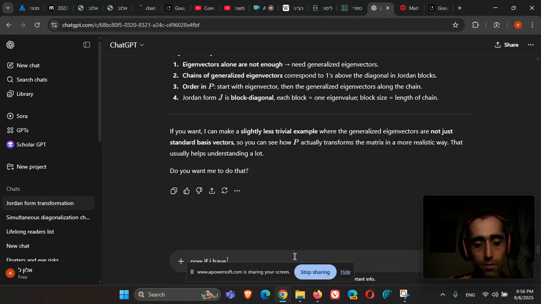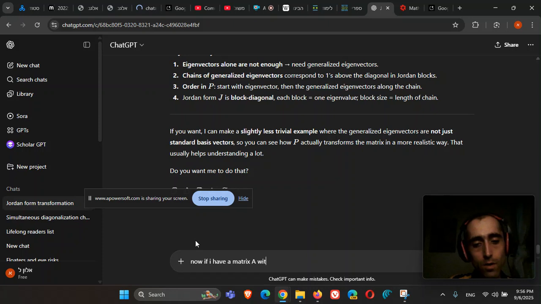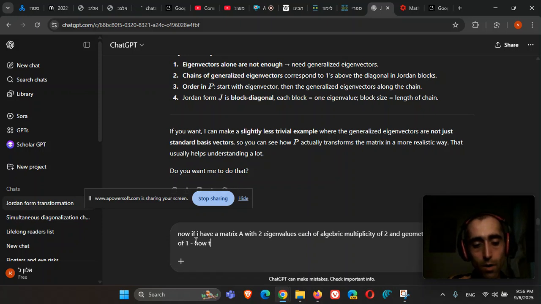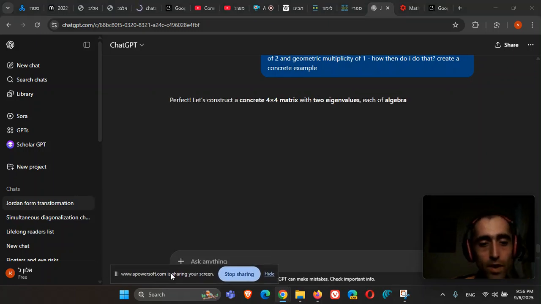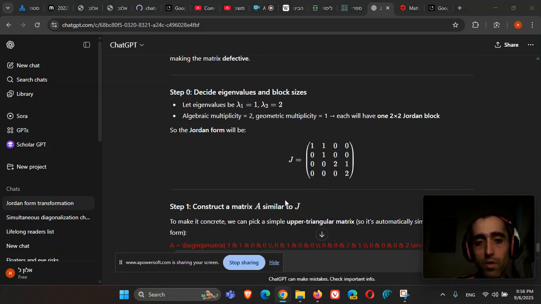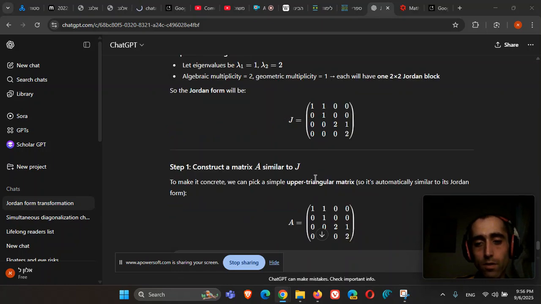Now, if I have a matrix A with two eigenvalues, each of algebraic multiplicity of 2 and geometric multiplicity of 1, how do I do that? Let's create a concrete example, where both eigenvalues have algebraic multiplicity higher than the geometric.